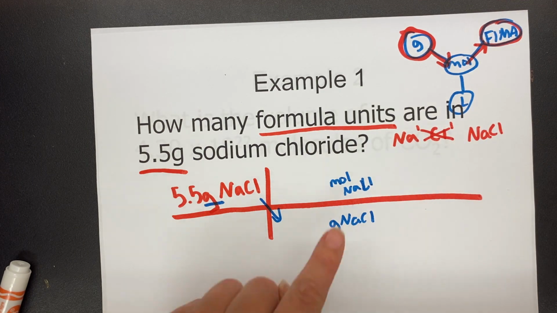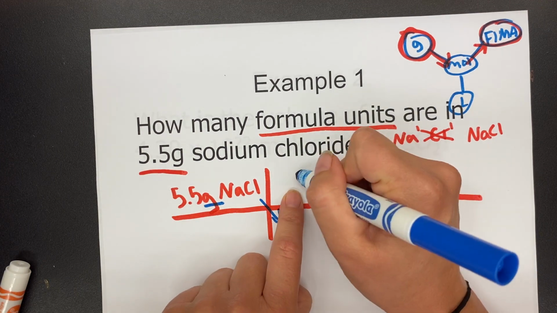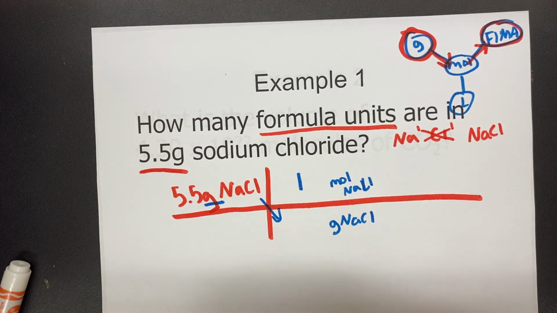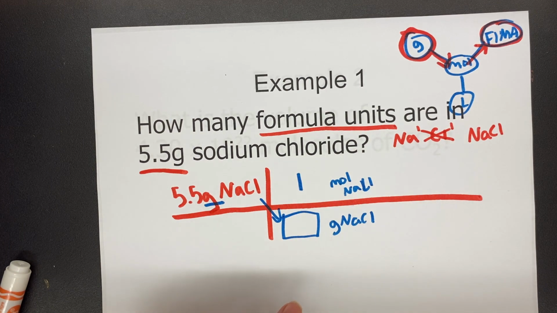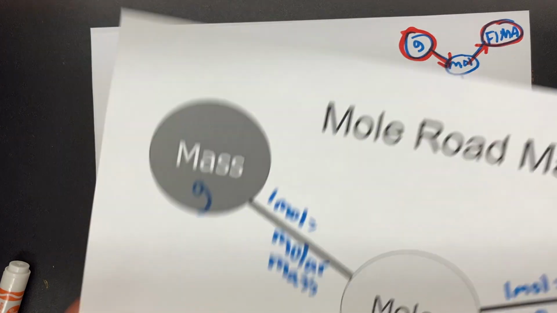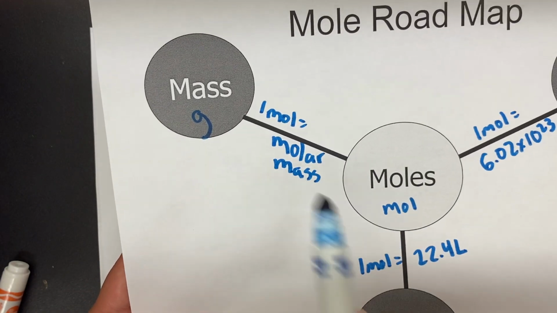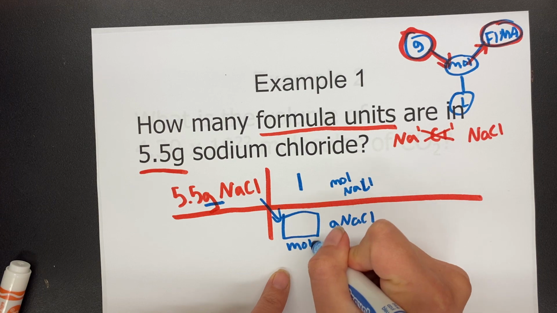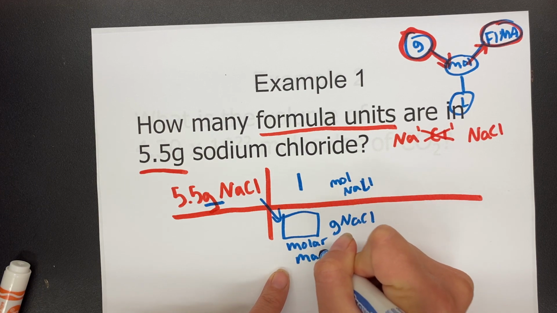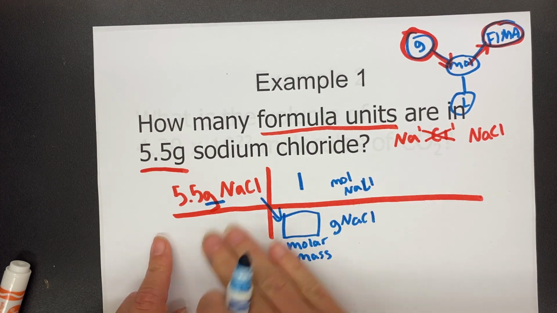Now, figure out the units, the numbers come. Moles is always 1. Grams. Okay, this goes back to the map that we were dealing with. When dealing with grams, we have to find molar mass. So right here, anytime you have grams, you have to find the molar mass of it. So I'd use this little space for that.